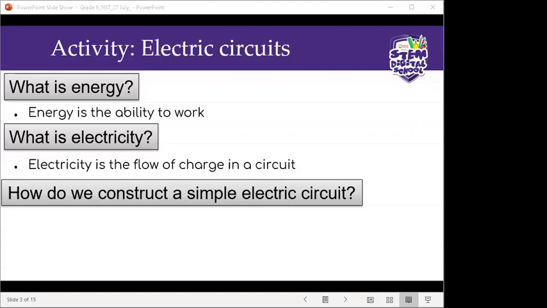Okay, Triasha, I will hold on. Yes, thank you, ma'am. A way to construct a simple electric circuit is that you cut 15 centimeter lengths of wire, remove about 1 centimeter of plastic from each end of copper wire with the wire stripper or knife.